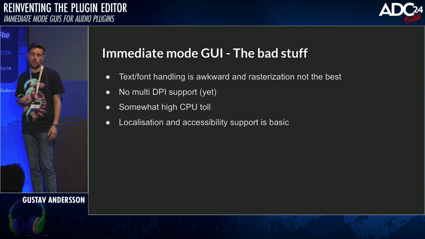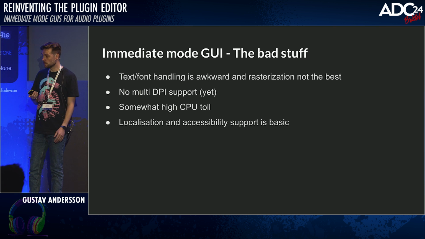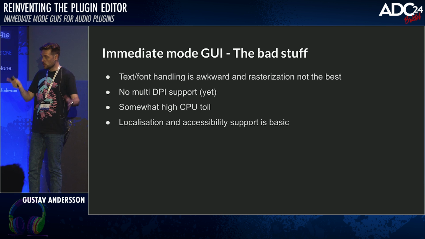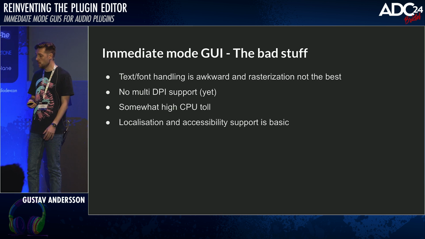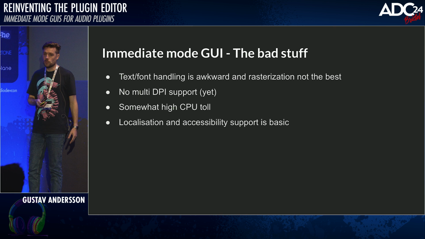I think number one on this list of things that annoy me was the text handling. As we saw earlier, the results are not as nice as they could be, and it was a bit cumbersome to work with. Also, if you want to resize the window, you have to regenerate all these font atlases, and that was kind of a pain to get to work.